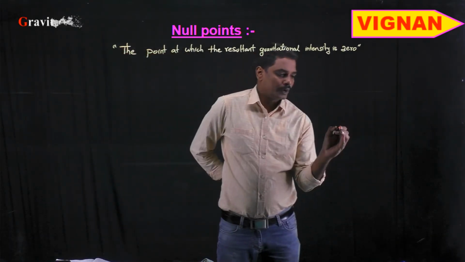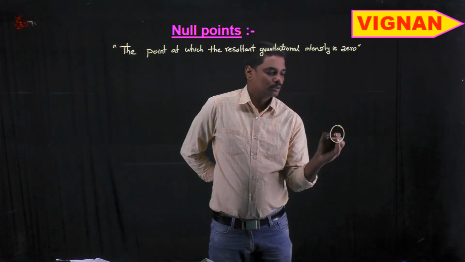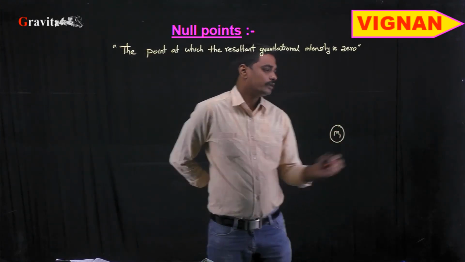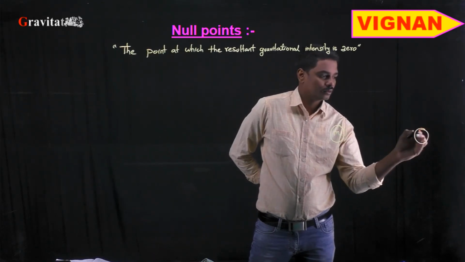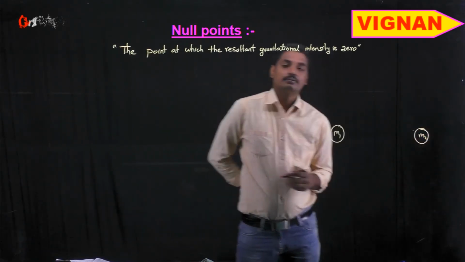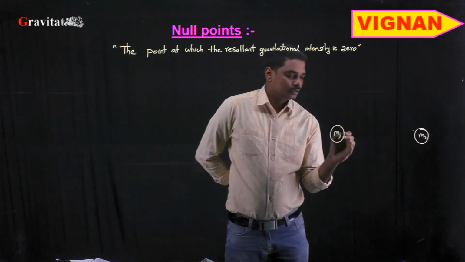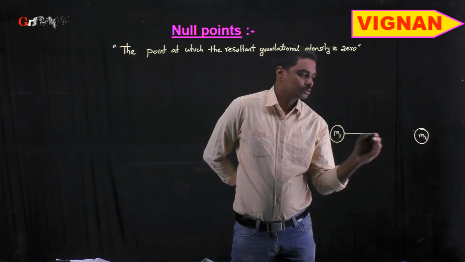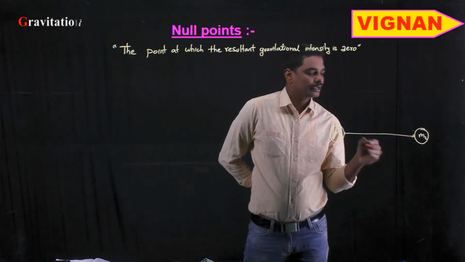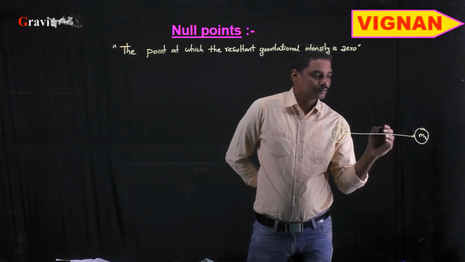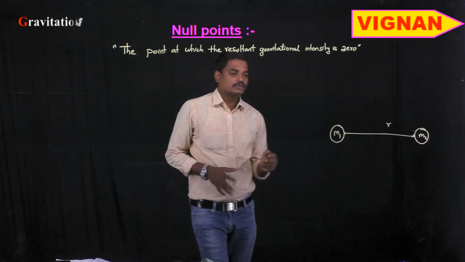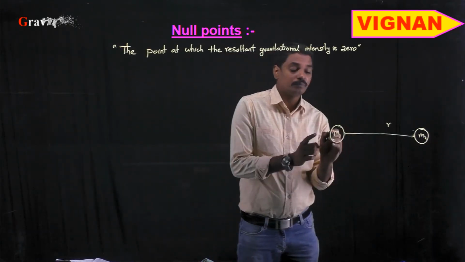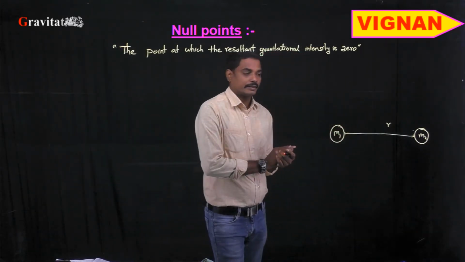Consider two particles, one whose mass is m1 and another whose mass is m2. Let these two particles be separated by a distance r, the distance of separation between the two particles from their centers of mass, right?